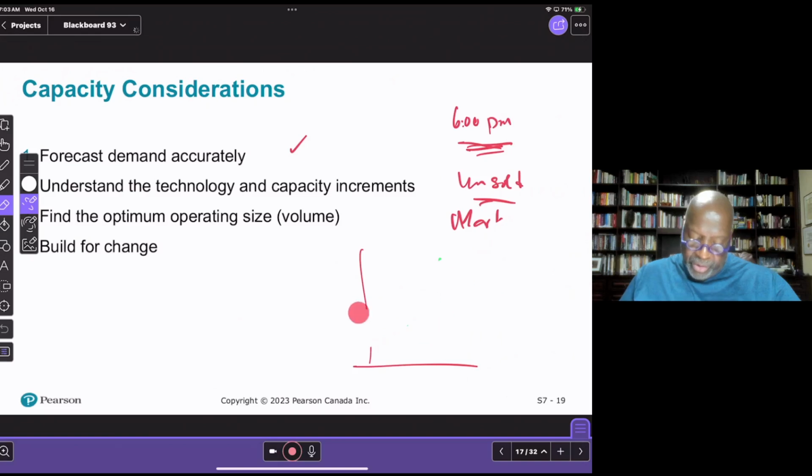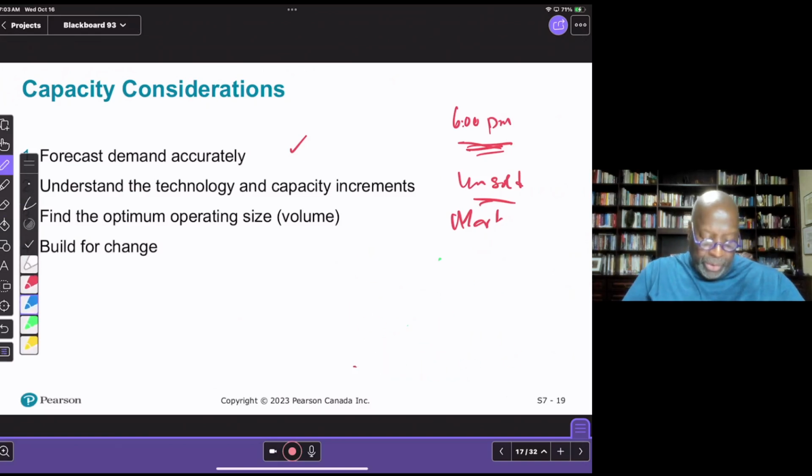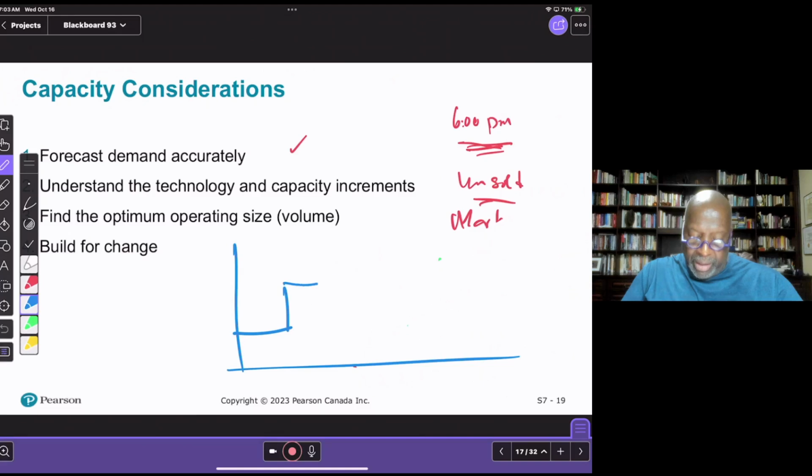Maybe just do it over this piece right here. So if you're going to use sort of stairwise capacity increases, so imagine if this was your demand line, right? So in this case, here you have more capacity than your demand.